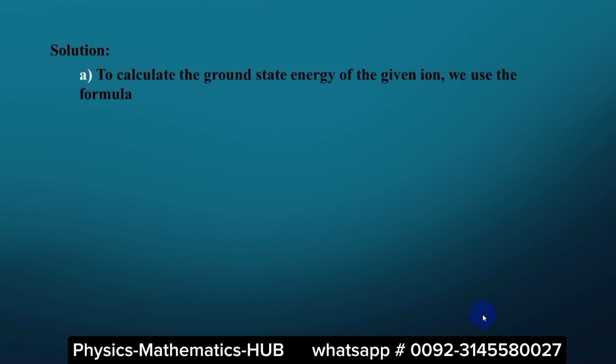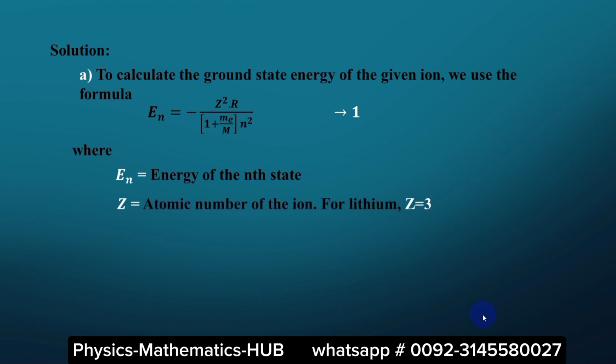In part A, we will calculate the ground state energy of the given ion using the formula for hydrogen-like atoms. En is equal to minus Z square multiplied by R divided by 1 plus Me divided by capital M, into N square, where En is the energy of the nth state, Z is the atomic number of the ion.